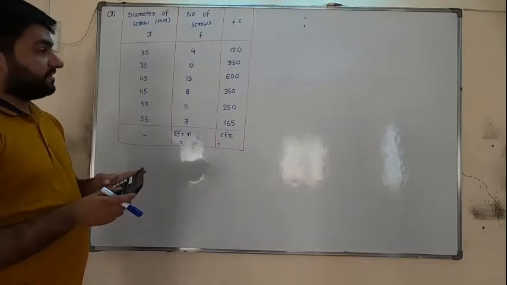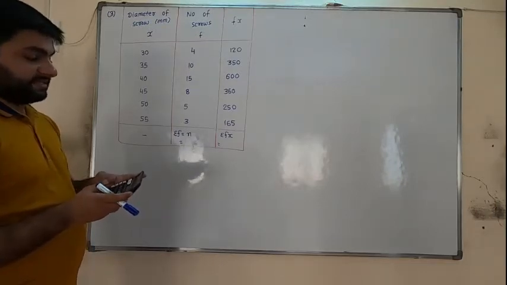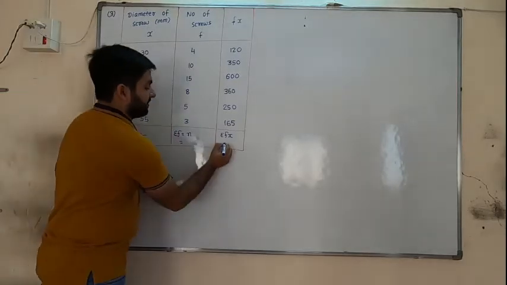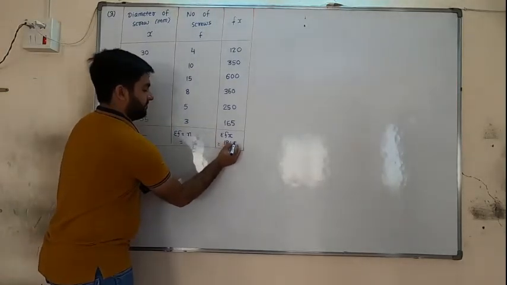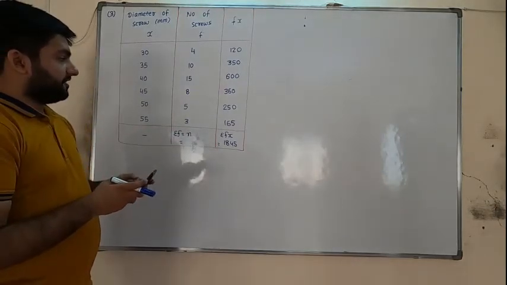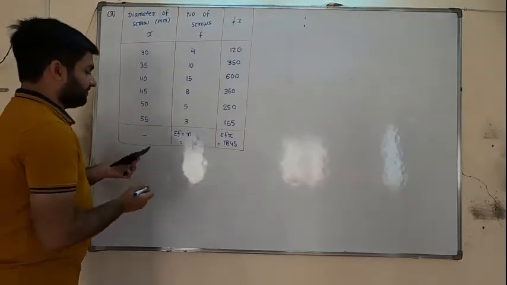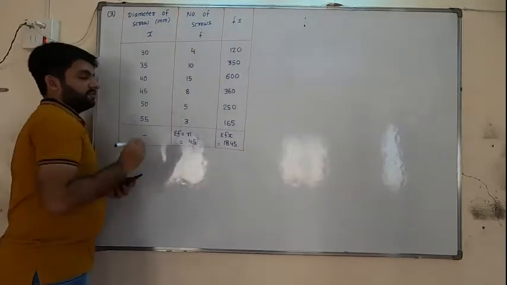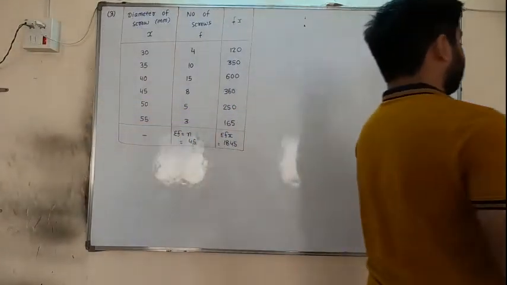Okay, now total. 120, 350, 600, 360, 250, 165 is 1845. Let us take sigma f: 4, 10, 15, 8, 5, 3 is 45. Now we are doing the calculation of mean.